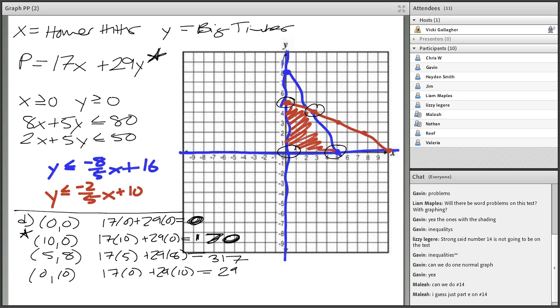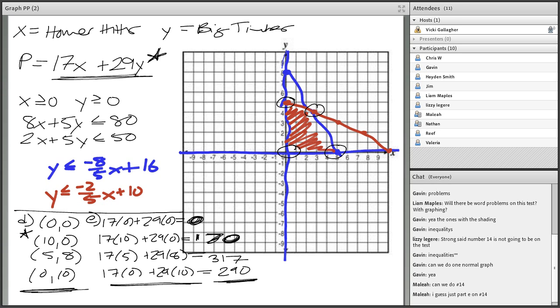This is what, for me personally, I was expecting from my students on line E, and we talked about this on number 13 as well. In the blank space, I want to see that you took these 4 ordered pairs, plugged them into this equation, and figured out what they equaled.